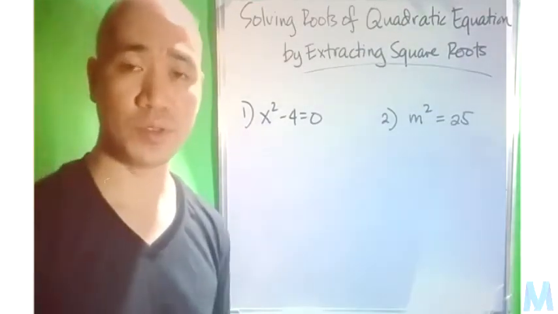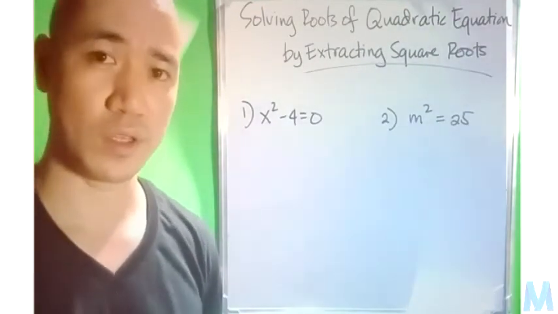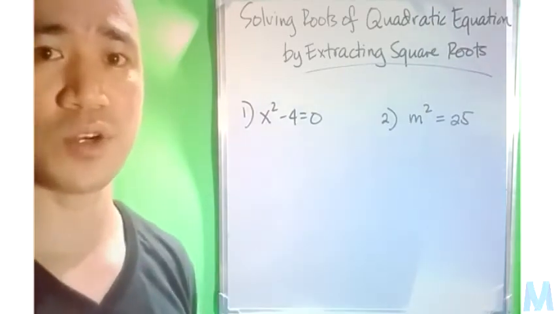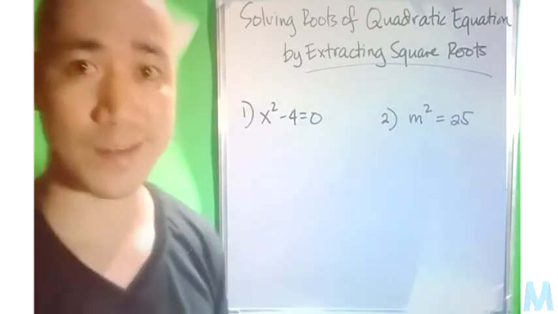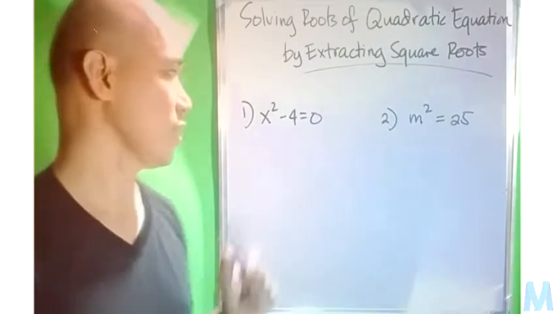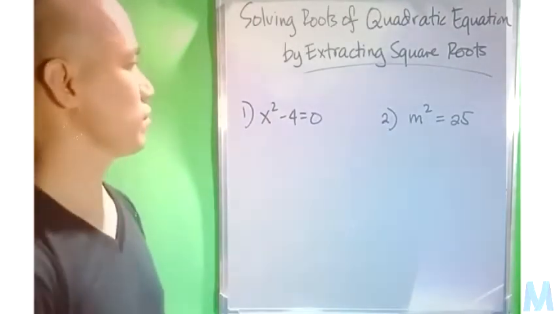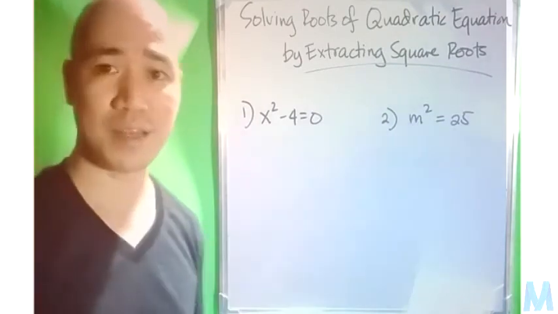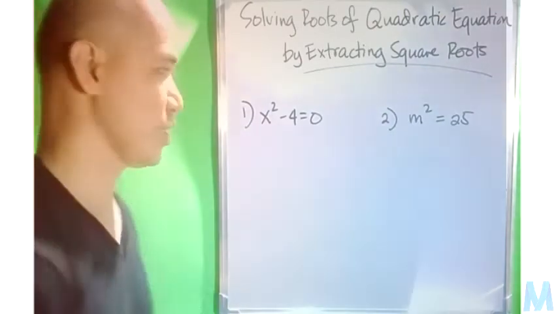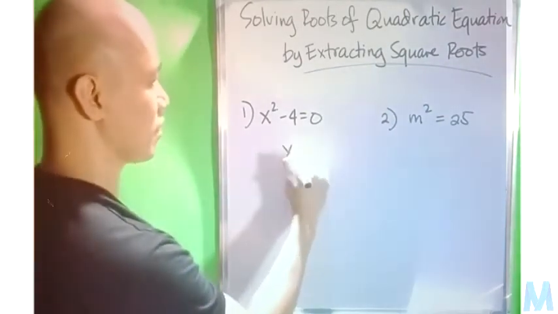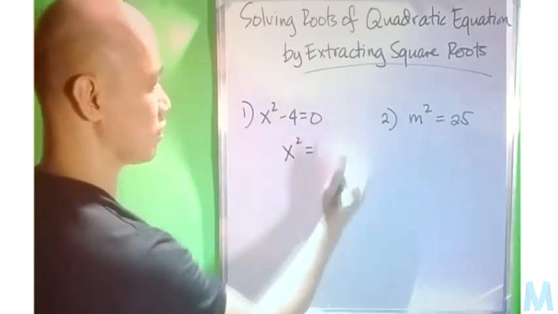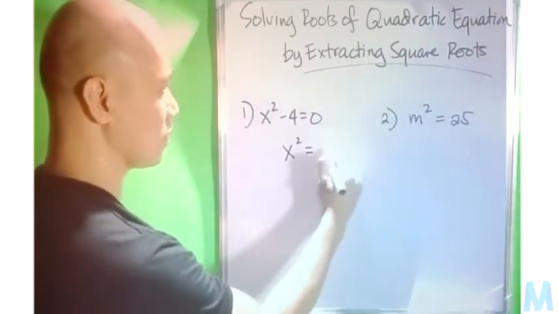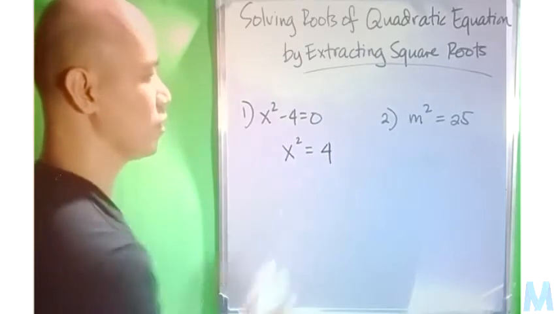Okay, so I have here two examples of quadratic equation na pwede natin ma-solve ang iyang roots gamit ang extracting square roots. So let's say number 1, we have x squared minus 4 is equal to 0. So wala pa siya na-process na version. Okay, so if we're going to process that, transfer that from the left to the right side, it will become positive 4.